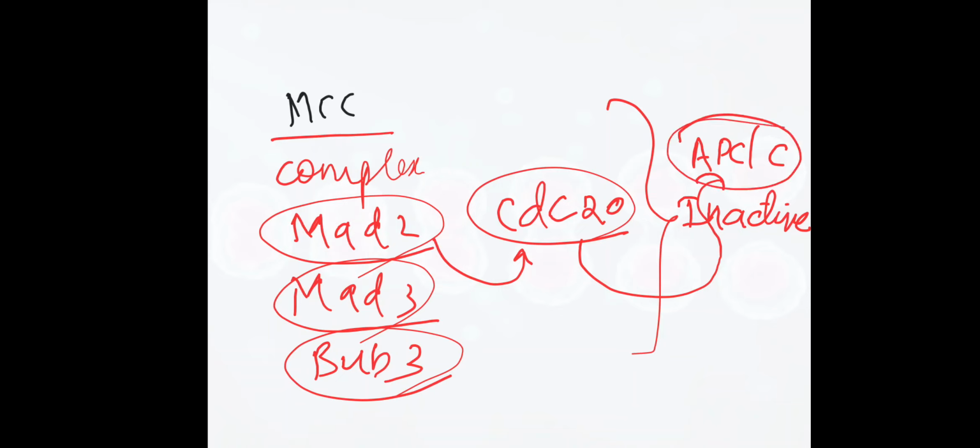Because a problem was sensed, so to solve that problem APC-C is inactivated with the help of SAC activation. Once the kinetochore has established the amphitelic attachment, which is the correct attachment, the correction is made.